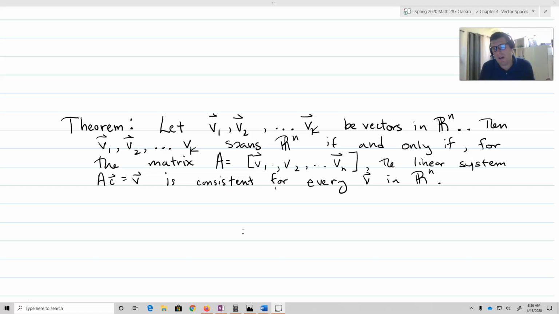The way that we know that is if the rank of the matrix, the number of non-zero rows in the row reduction, is equal to the number of rows in the matrix. That gives us some way to think about a set of vectors and to draw some conclusions about that set of vectors.